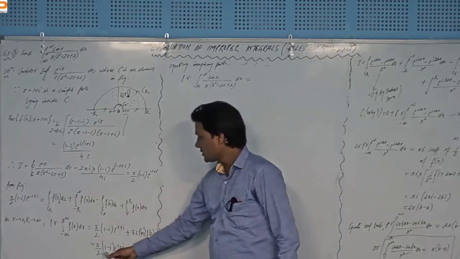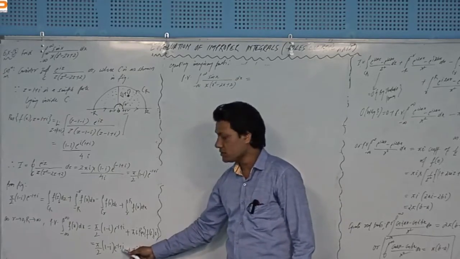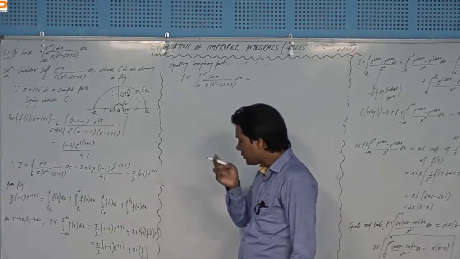the imaginary part of the right side. If I write it as e to the power minus 1, and e to the power iota is cos 1 plus iota sin 1, I need only the imaginary part.